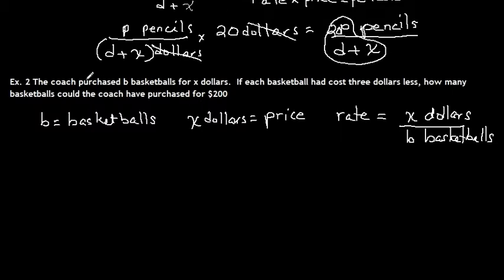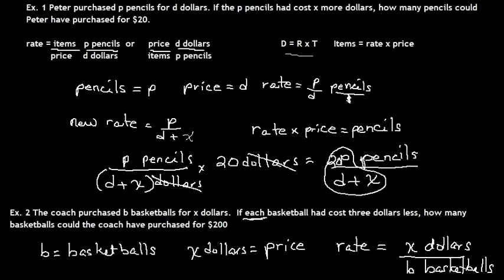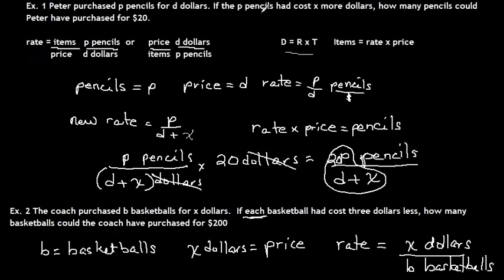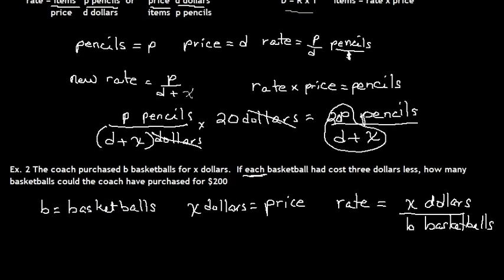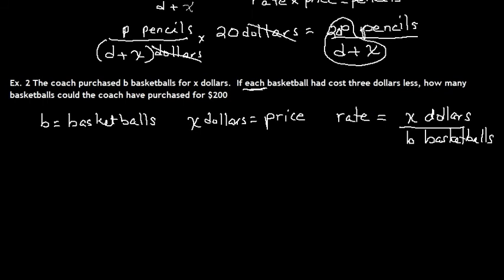Alright, now it says if each basketball had cost $3 less. Now do you see how this one says each basketball? Example 1 just said P pencils had cost X dollars more. It's not talking about each pencil, it's just talking about all the pencils. So that's the difference between these two problems, which makes this really complicated. So now we need to have a new rate.